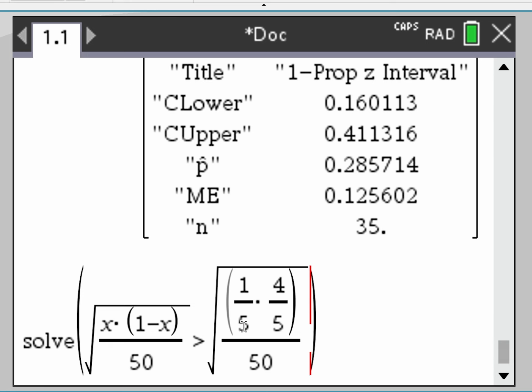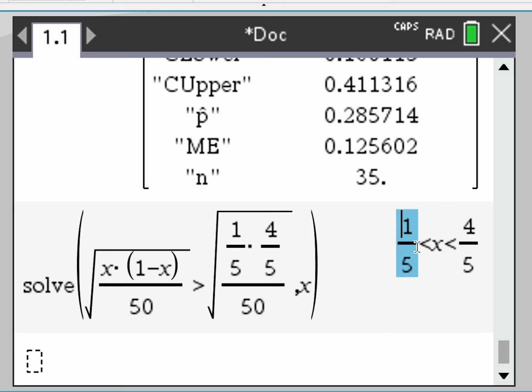If I solve for x, okay, so we get these values over here.